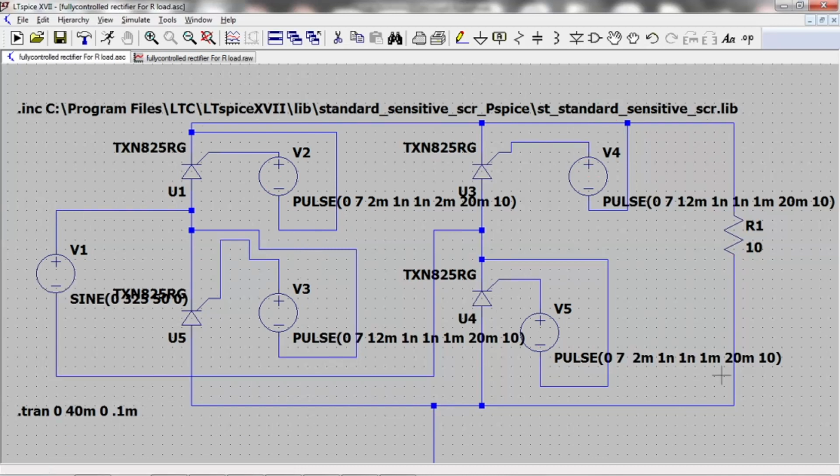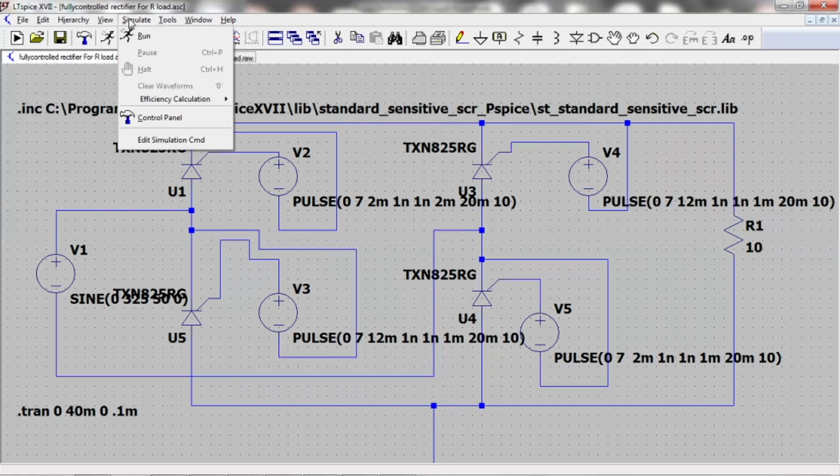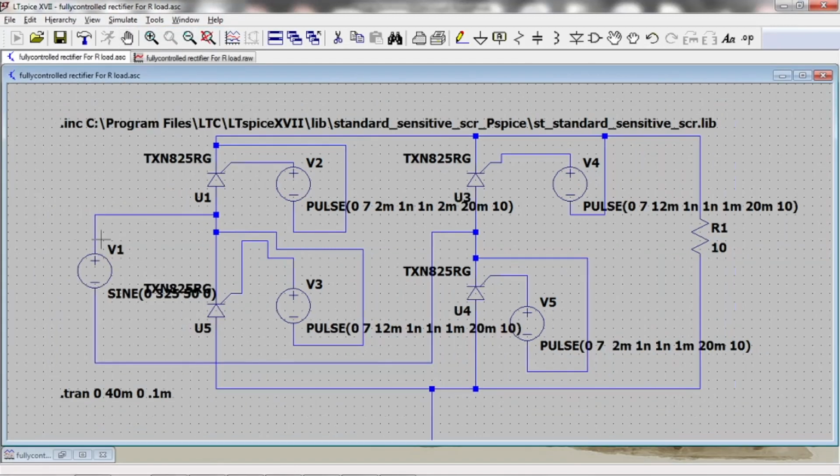Okay, I will show you one waveform of this. See here, maybe you will understand whatever I have shown previously. Okay, I will simulate the circuit. So this is my input.